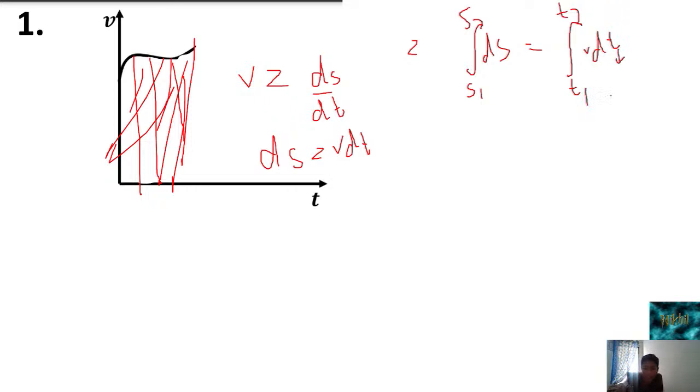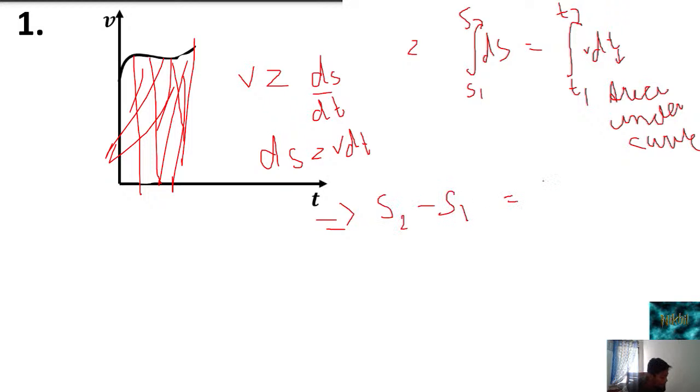What is this? Area under the curve. So by solving this, what will you get? You will get s2 minus s1 is equal to, what can it be written as?